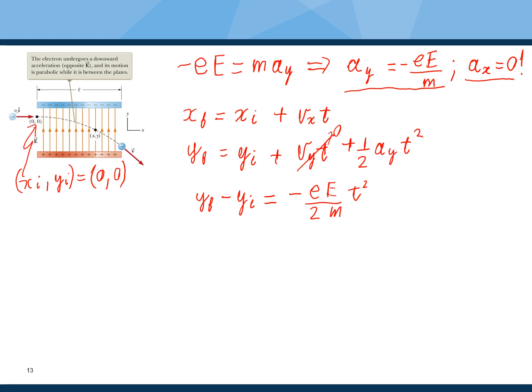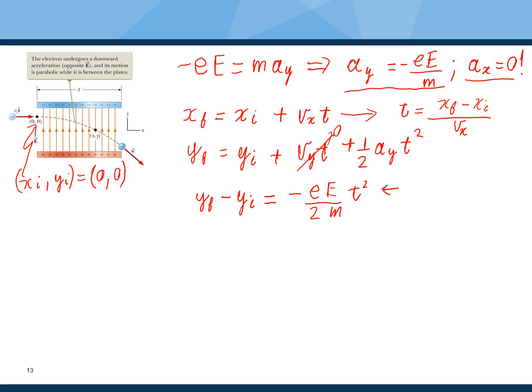The way to do that is to use the other equation. So we can write t as being equal to xf minus xi divided by vx, and substitute this expression for the time into this equation.